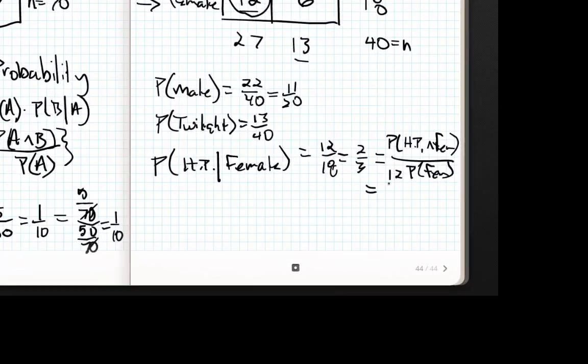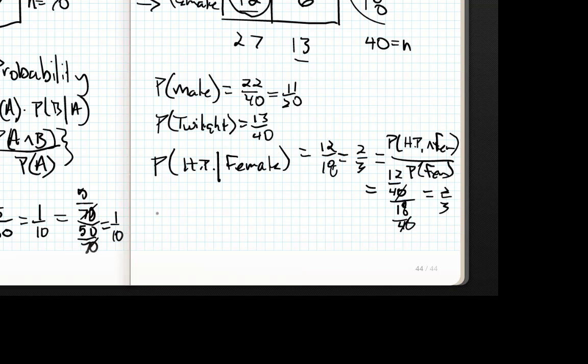So that's 12 out of a total of 40. That's the probability that you grab somebody and they are both female and preferred Harry Potter. The probability of a female is 18 women out of a total of 40. So I got 18/40ths, and look at this, same thing. Isn't that right? That's so cool.